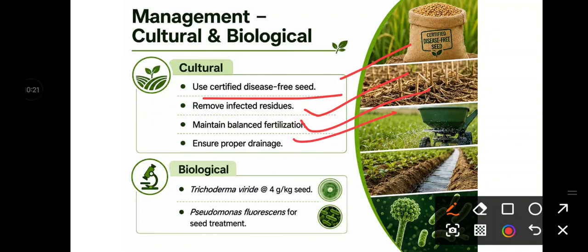Whenever you are thinking about the cultural practices, just remember the primary source of inoculum. Whatever the primary source of inoculum, you have to manage that in the cultural practices. Correlate like this. Then about the biological management, use of living agents like the fungus Trichoderma viride 4 gram per kg seed, or else you can use the bacteria Pseudomonas fluorescens also.